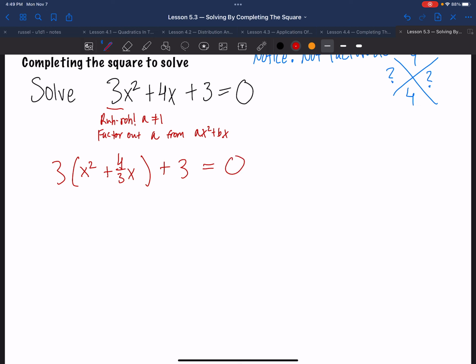So b is 4/3. So b over 2 squared is 4/3 over 2 squared, which is 4/6 squared, which is just 2/3 squared, which is 4/9. If you are not sure how all of that happened, pause the video and figure it out, because it's just fractions, okay? It's just fractions.